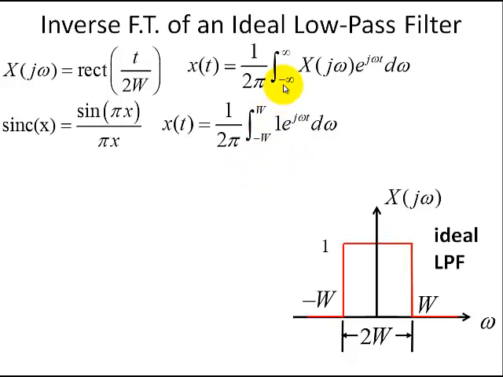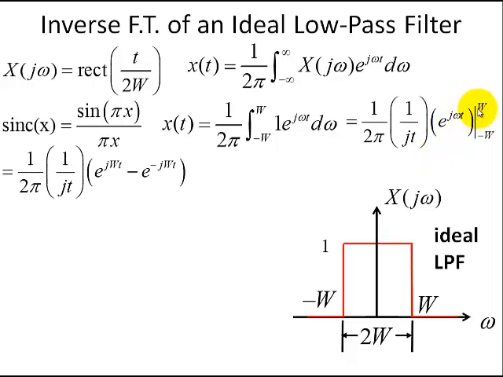And we're integrating not from minus infinity to infinity, but from minus W to W. The integral of an exponential is the same exponential with a scale factor of 1 over jt, because t is a constant with respect to this integral. Our upper limit is capital W and our lower limit is minus W. And we still have the scale factor of 1 over 2π.